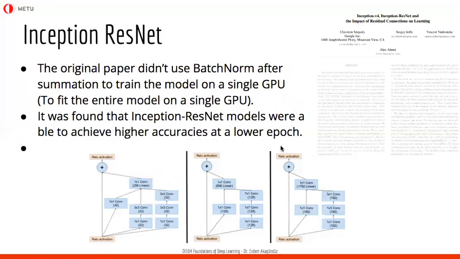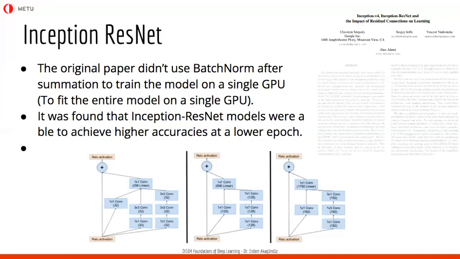Some implementation details. The original paper didn't use batch norm after summation to train the model on a single GPU, to fit the entire model on a single GPU. So what I'm trying to say is they needed batch norm because they needed to shape the activations so that they don't lose the gradients. But with residual connections, they had a lesser need for it.